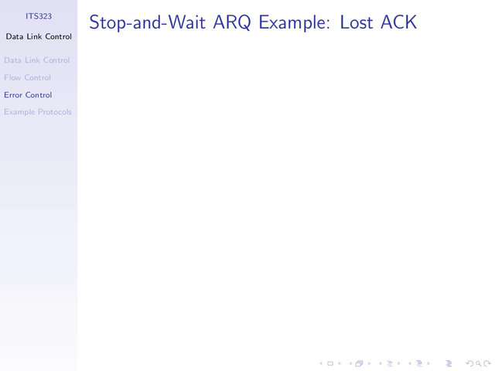The application has delivered the data to A, that is, sent it in a frame, and we've transmitted an ACK in response. But we lose the ACK. B doesn't know that. What does A do? What's A going to do now?